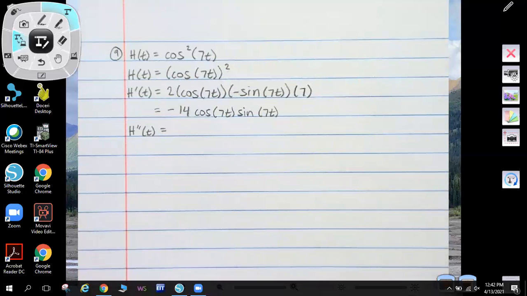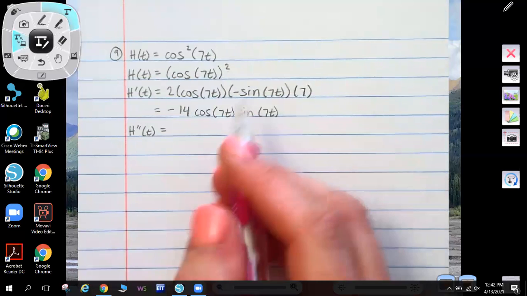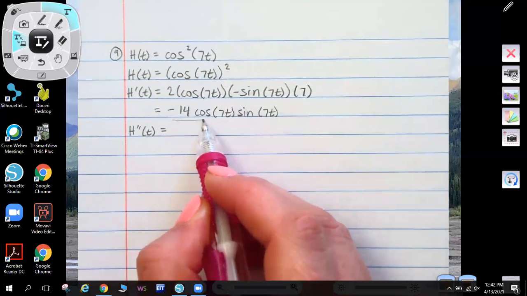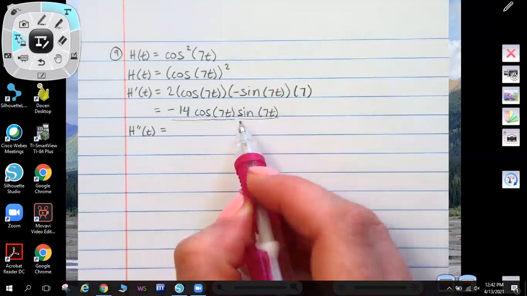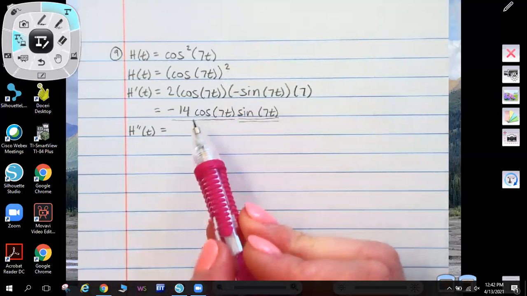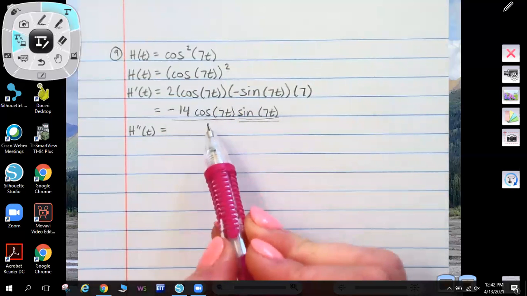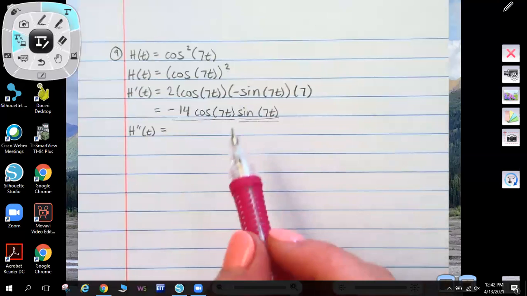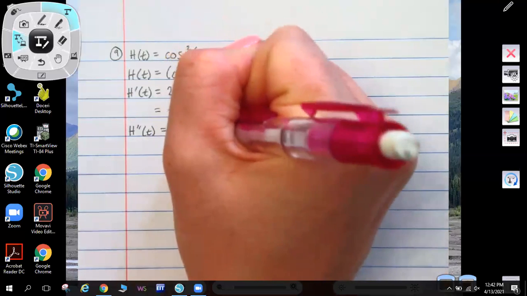Now it looks like we are going to have to use the product rule because we have a function times a function. So the derivative of the first function, negative 14 cosine of 7t, the negative 14 is going to stay.